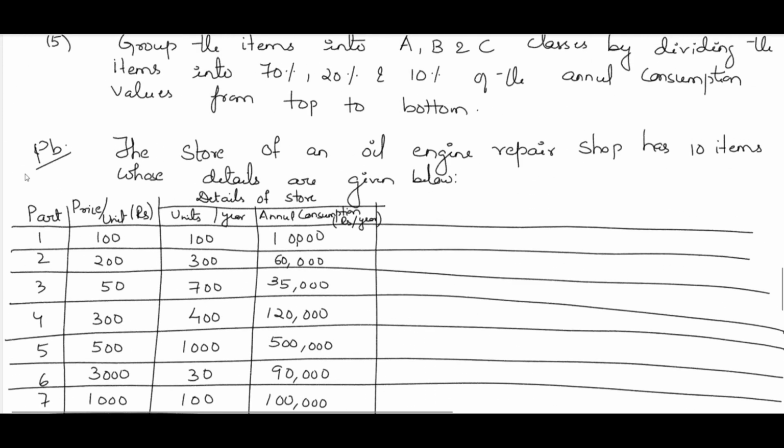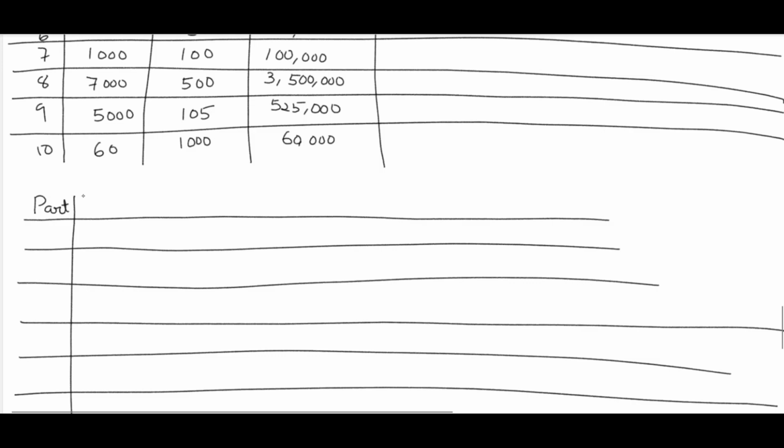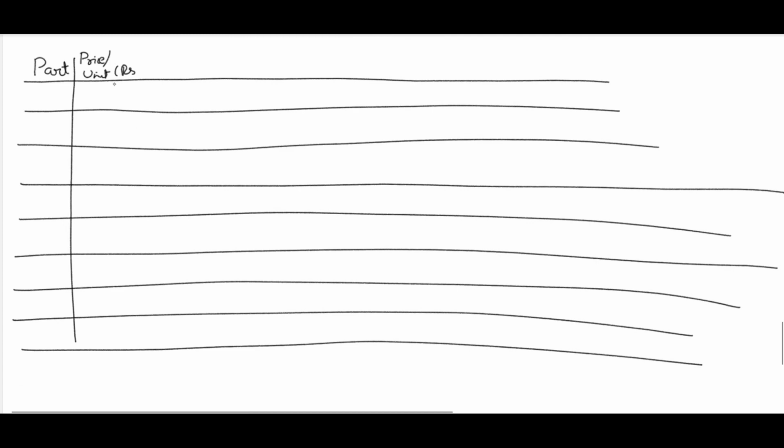Then the second column is our price per unit in rupees. Then units per year.